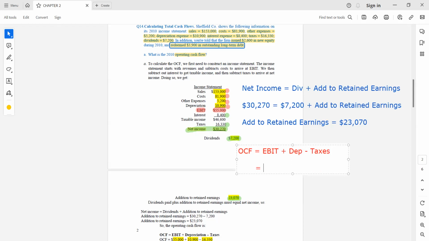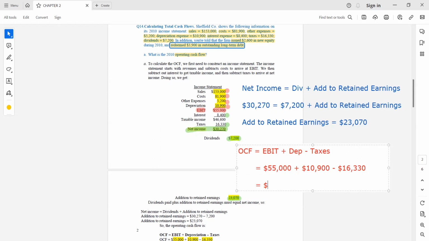EBIT is, first, now we calculated already, 55,000 plus depreciation. How much is the depreciation that we see from the question? 10,900, and minus the amount of taxes. How much are the taxes that I'm paying? 16,330. Where do I get this number? From the question as well. Okay, so now I can get my OCF.